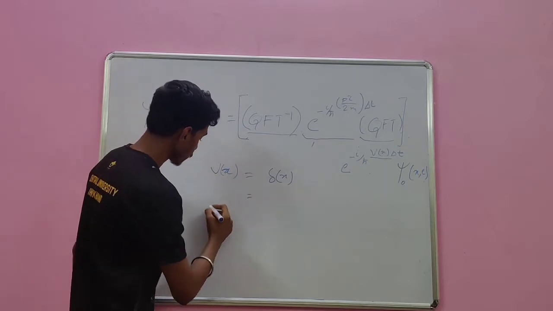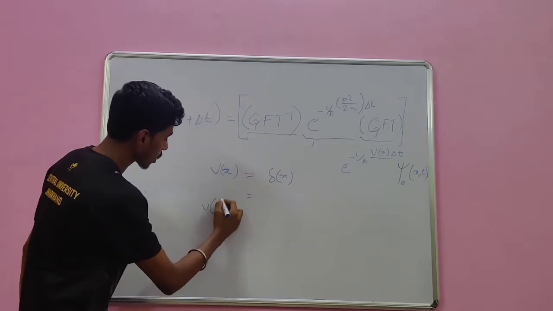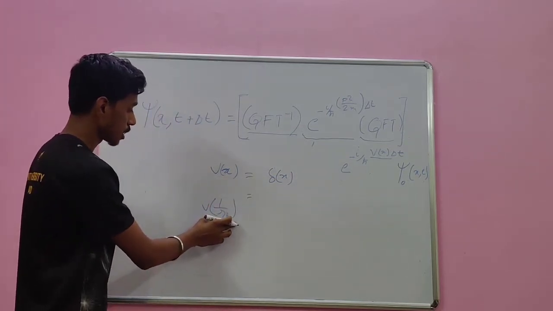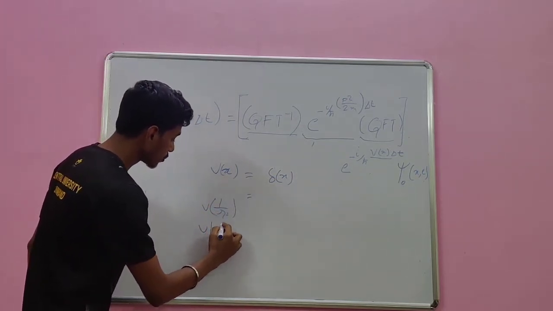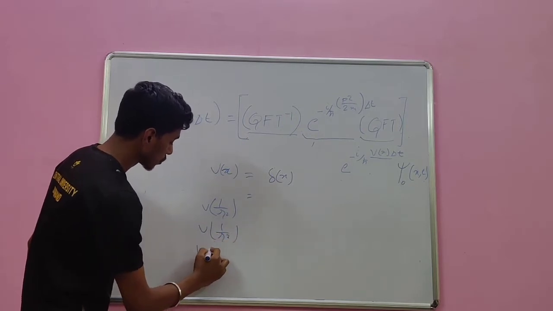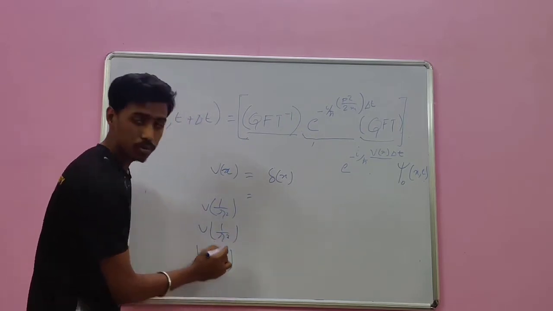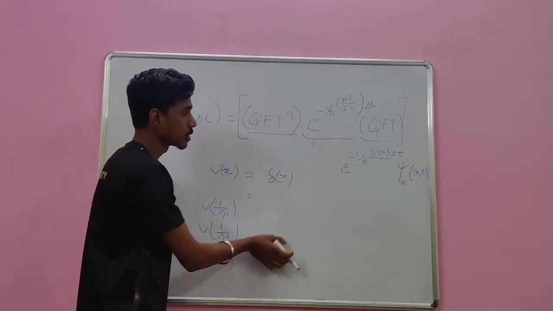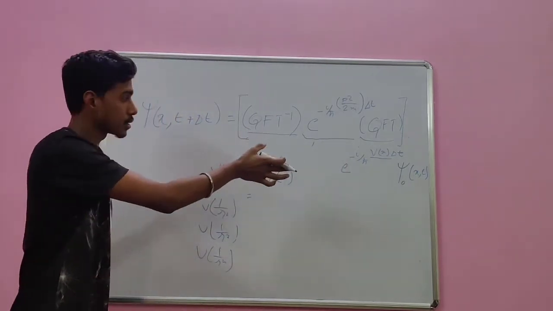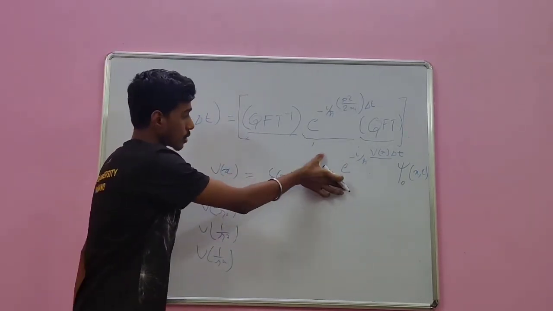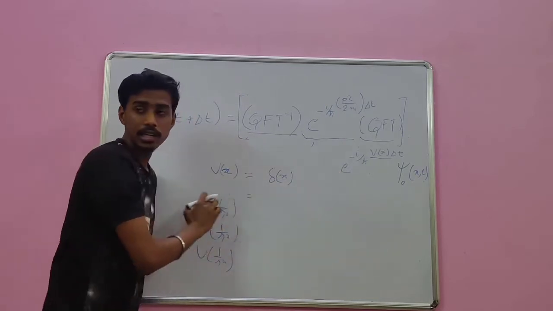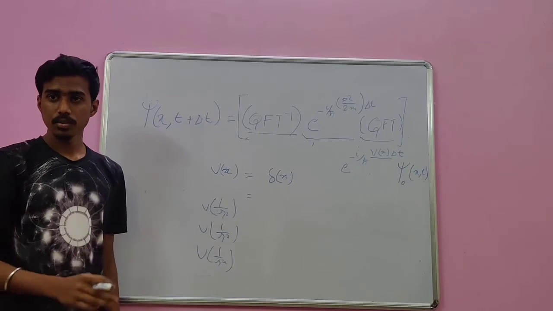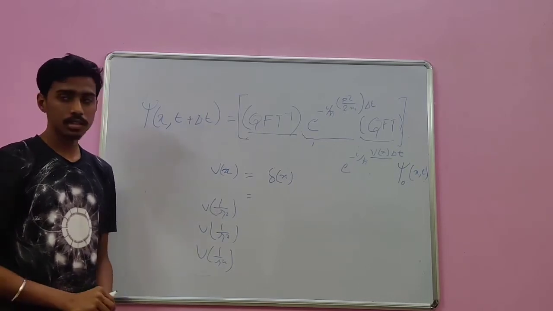For V, potentials of type 1 by r square, 1 by r cube, 1 by r to the power 4. We construct the gate, put these potential terms in place of this, and by simulating this whole equation we will get the result, which will agree with the theoretical result.